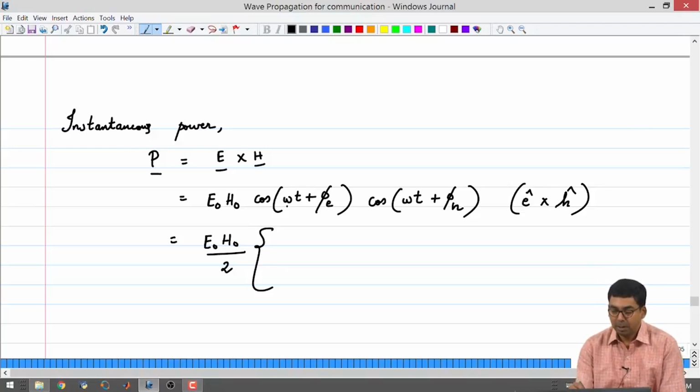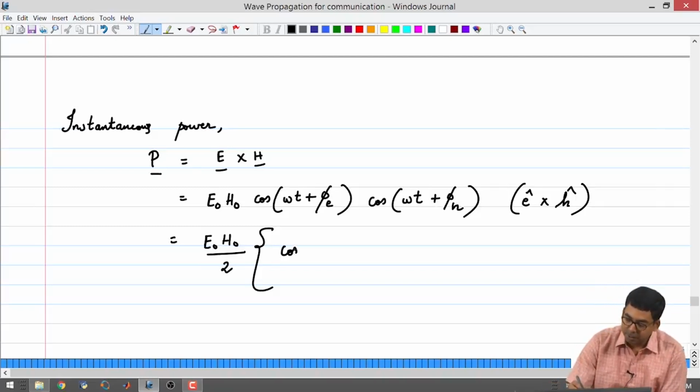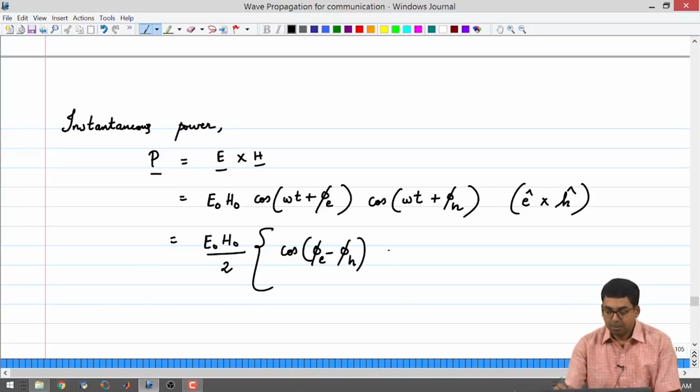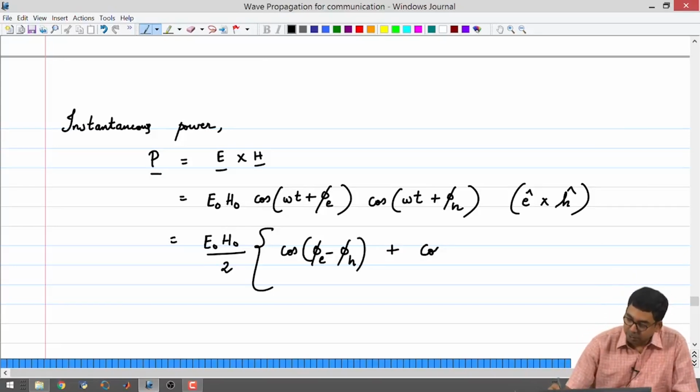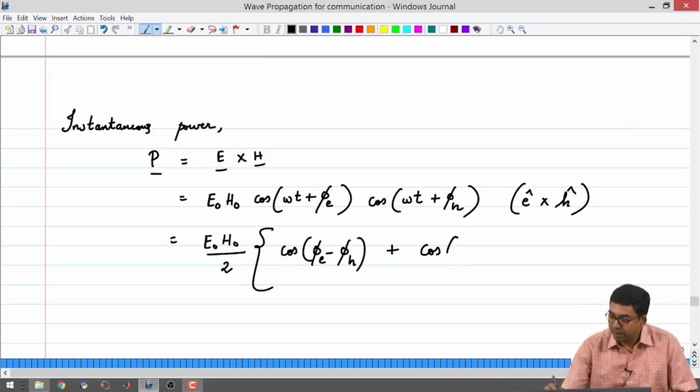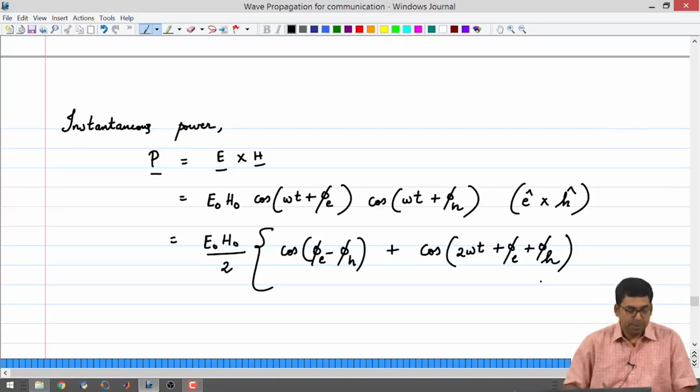So, you will have omega t plus phi e minus omega t plus phi h, all right. So, you will be having the first term to look like cos phi e minus phi h, right, plus you can take the sum of the two arguments of the cosine. So, you will be having cos 2 omega t plus phi e plus phi h.